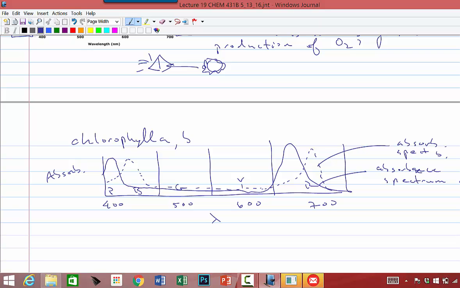How many hydride atoms? 1 each. Very good. 1 each. So a total of 2. And how many electrons are going to be in 2 hydride atoms? 4. 4, right? Each hydride atom has 2, right? So 2 times 2 is 4.